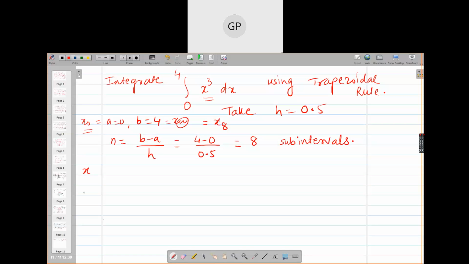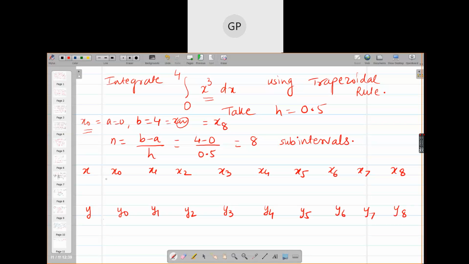So we will have points x and y. The x values are x0, x1, x2, x3, x4, x5, x6, x7, x8, and the y values are y0, y1, y2, y3, y4, y5, y6, y7, and y8.